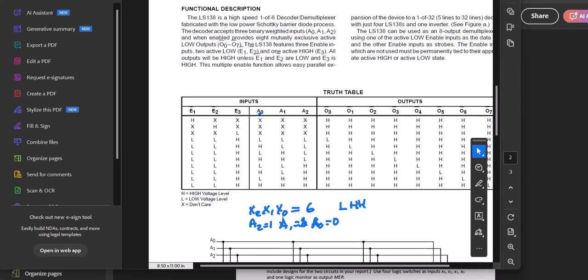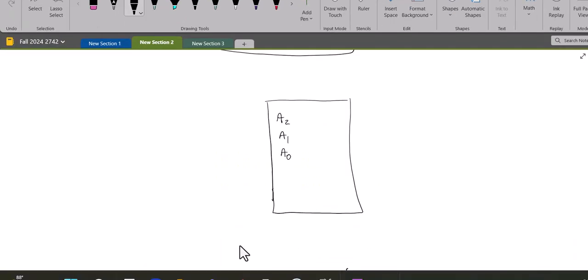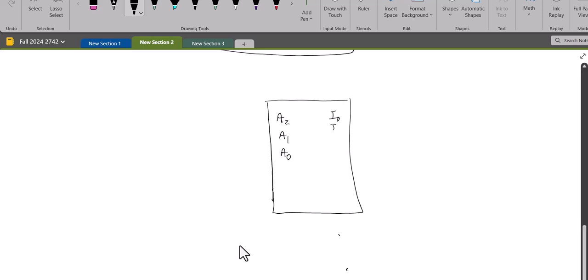And what it does is it outputs a value of low only on the output that corresponds to the binary number of your input. So for example, if I put in 0, 0, 0, this is going to be low here at the 0th one and high everywhere else.